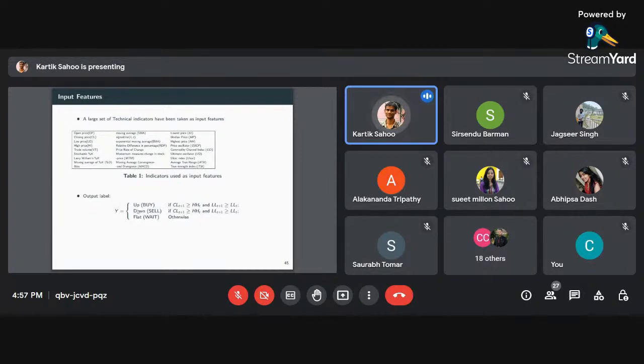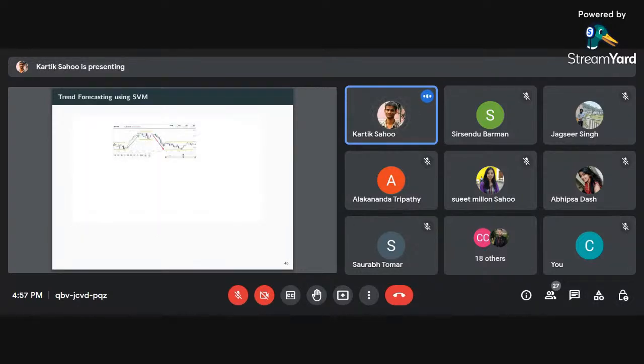The output label Y will be up, down, or flat. Accordingly, instead of up, down, flat, we can use trading signals: buy, sell, or wait. This is how any machine learning technique can be used for the trend forecasting problem.